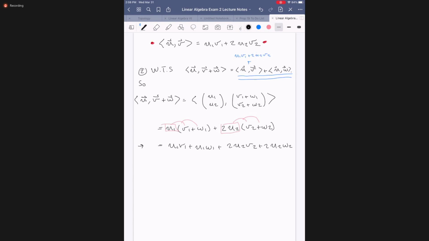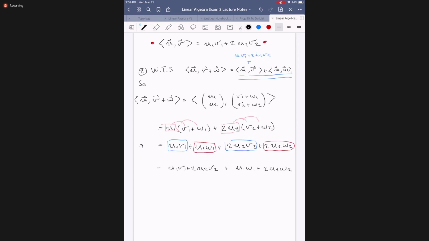So you can see from here that I'm going to gather this one and this one together. Since these are real numbers, I can just commute addition, and then I'm going to gather this one and this one together. So if you do that, you get u1 v1 plus 2u2 v2, plus u1 w1 plus 2u2 w2.